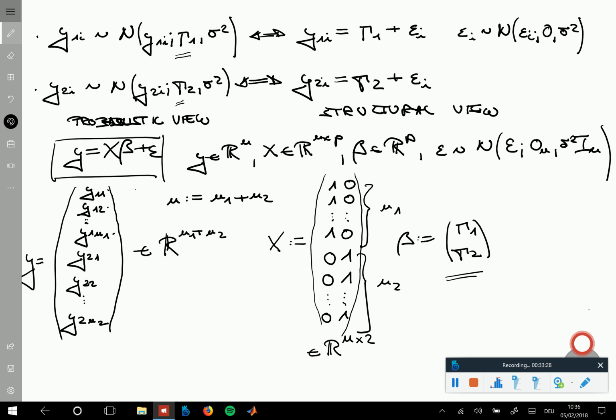And of course our error contribution is simply the multivariate zero-centered Gaussian with the spherical covariance matrix, which then assigns the same variance to each of these individual points. So this is essentially rewriting these assumptions in design matrix form.